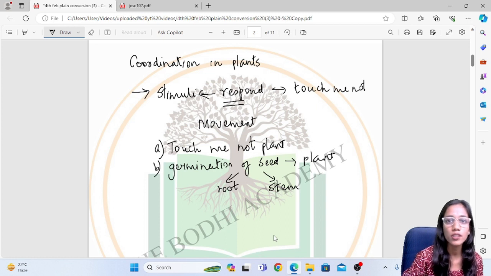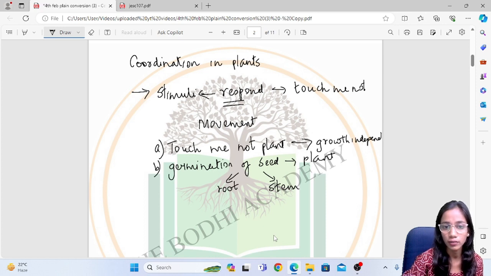But what is the difference between these two movements? The main difference is growth. The first movement is growth independent, meaning there is no growth taking place in this movement.